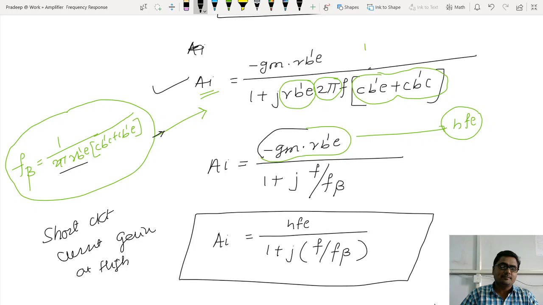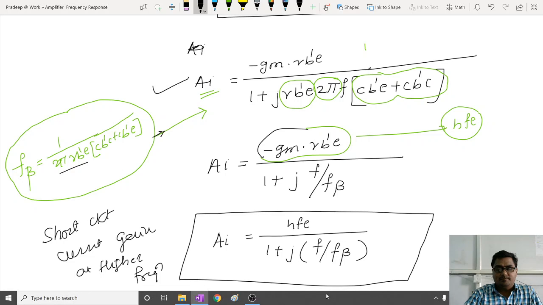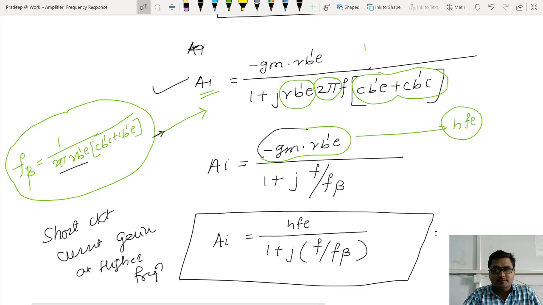This is the short circuit current gain at higher frequencies. Yes, this is the actual thing we have been hunting for the last 1 hour.